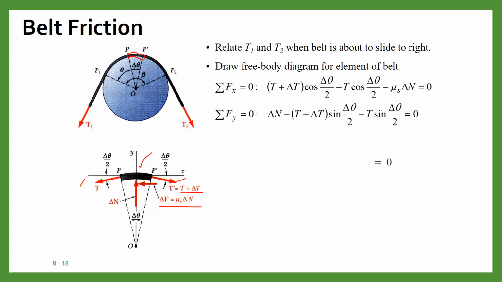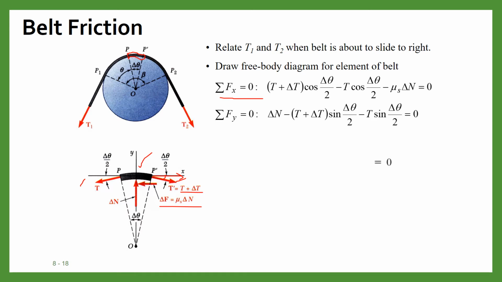Now from the free body diagram, summation of Fx will be equal to 0. So in the x direction we have T plus delta T cos theta by 2. So this angle is theta by 2 and the component of this force will be here like this.